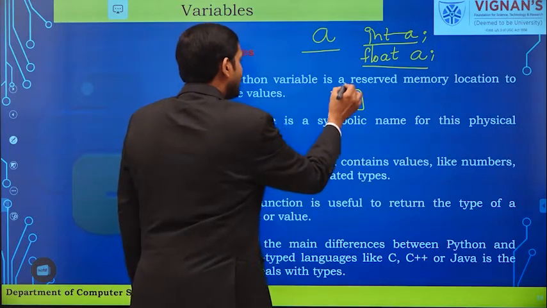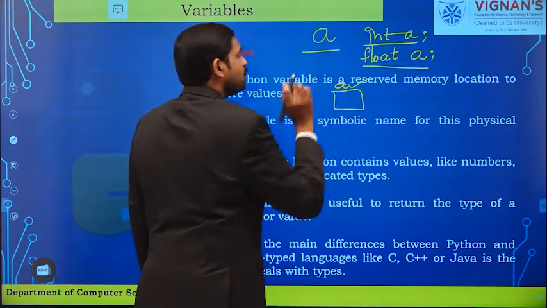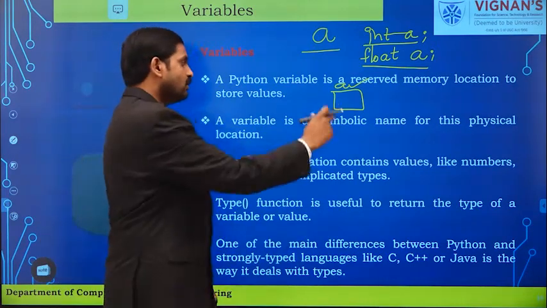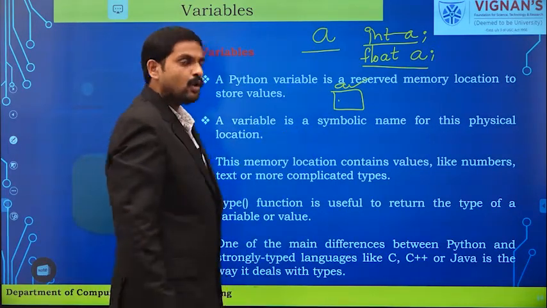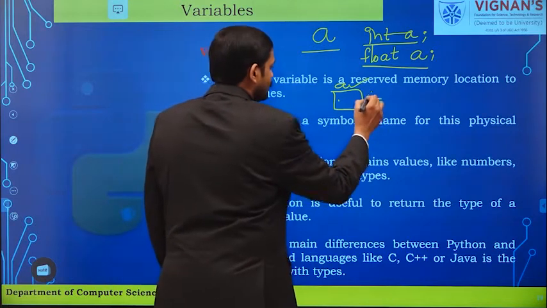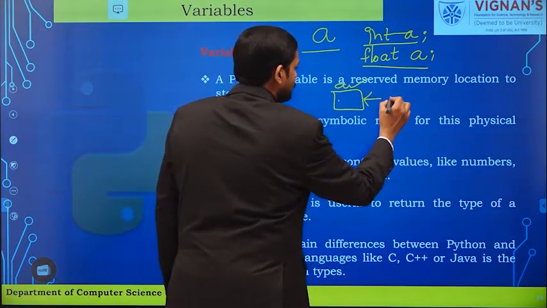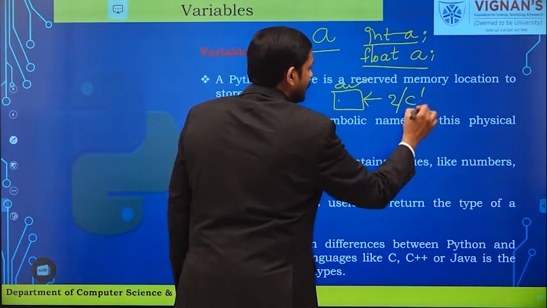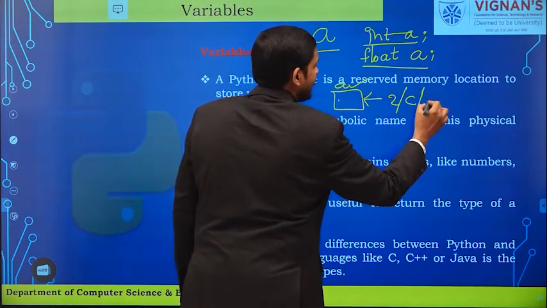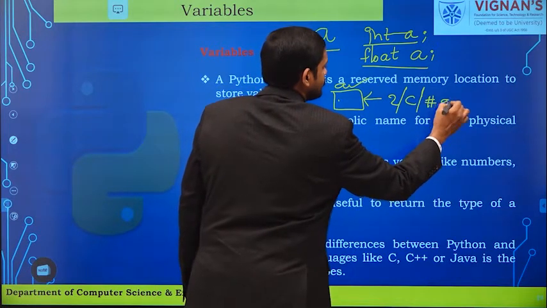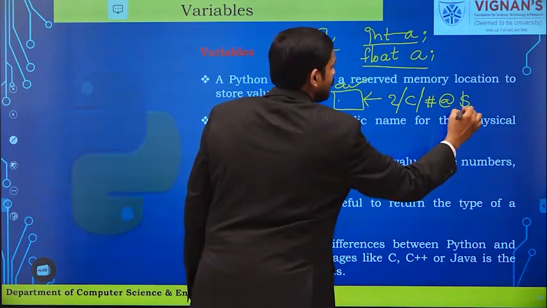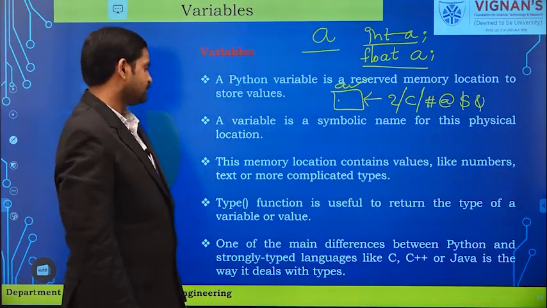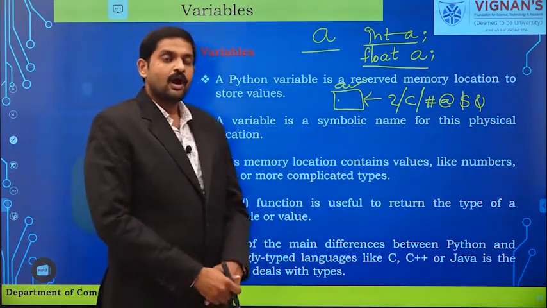This location holds values like numbers or text or special symbols like hash, dollar, ampersand, etc. And how can the type of the variable be known in Python?